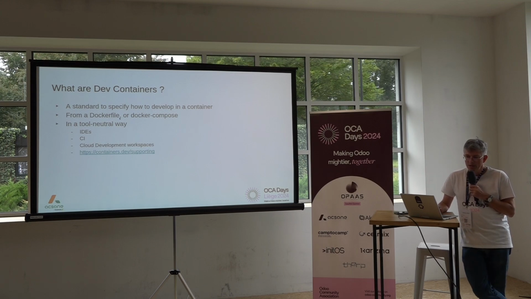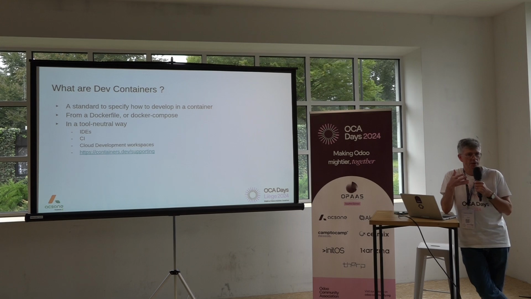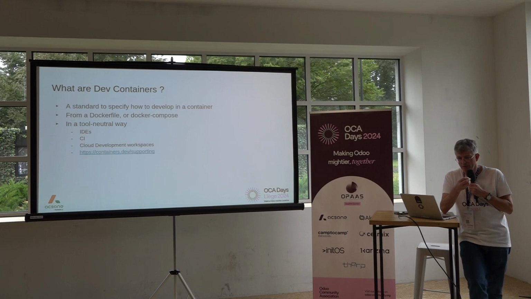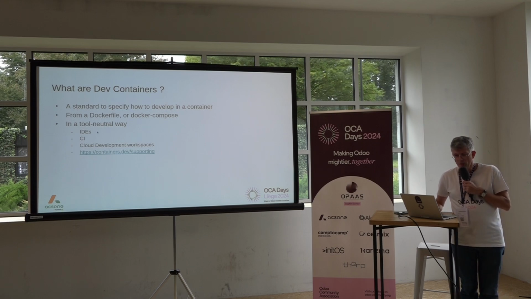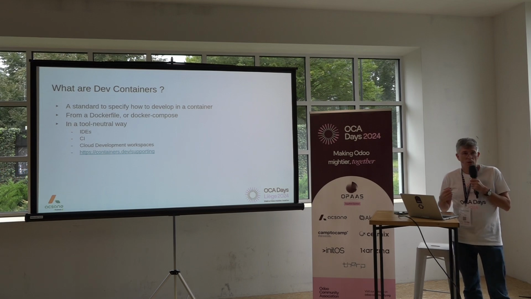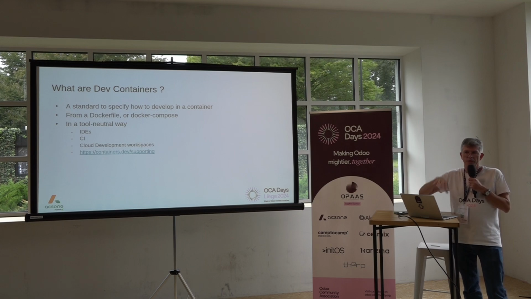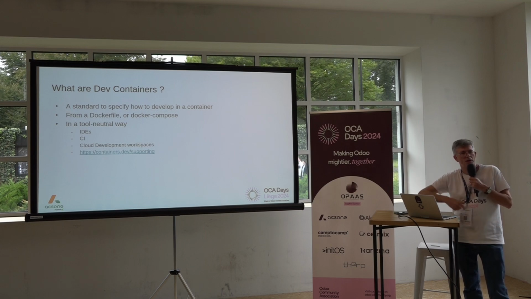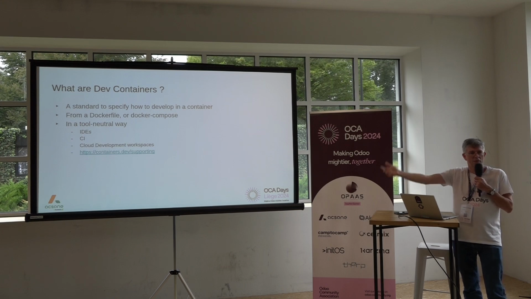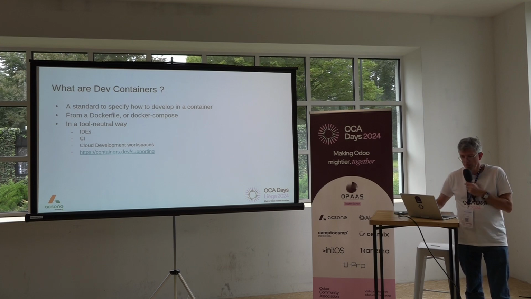Basically, it's configuration files which explain how you can bootstrap a development environment in an existing Docker file or Docker Compose configuration. And it works with various IDEs. It has mechanisms to run in CI. It also works on the cloud. So if you go on GitHub, maybe you have seen there is this Codespaces thing in GitHub. When you have a dev container configuration in your project, you can actually open it in the cloud and start developing in the cloud without installing anything locally, nothing else than a browser.